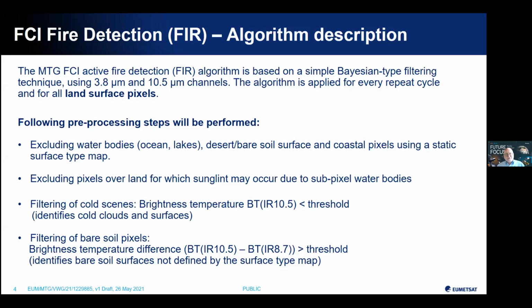We also exclude pixels over land which may have sun glint due to subpixel water bodies. You very often can see that over Africa.